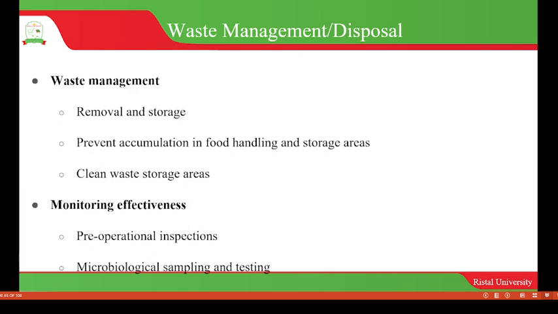We have to prevent accumulation in food handling and storage areas to avoid contamination. We always have to clean waste storage areas and keep them tidy so that cross contamination is prevented.